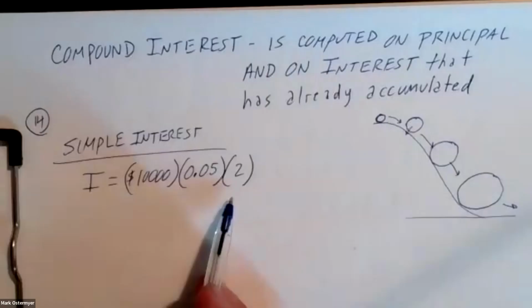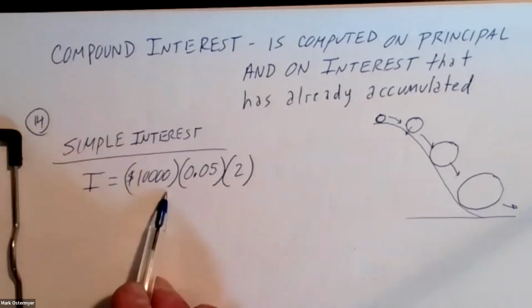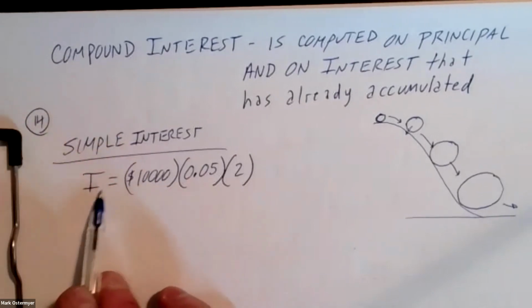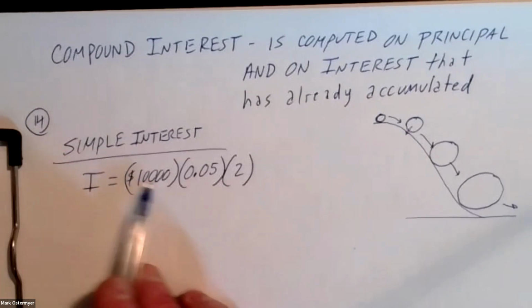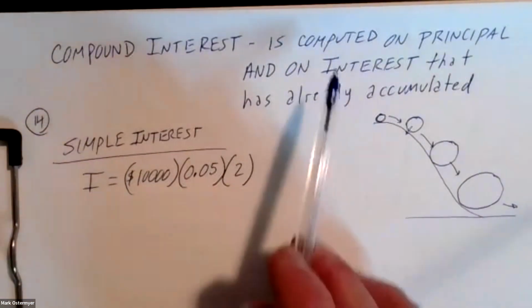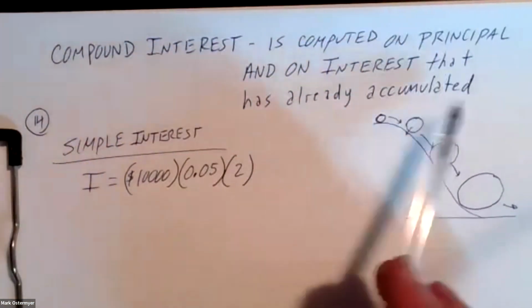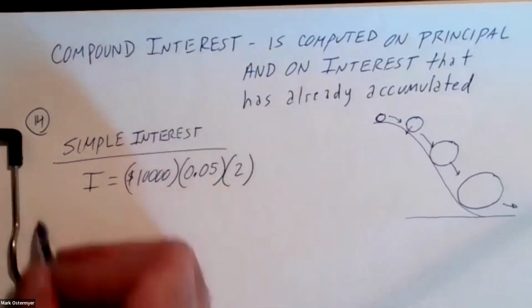Yes, it was. Times 2 years. Do you agree? That would be the amount of interest you earn over 2 years if it was simple interest. But that's not the way compound interest works. You see, simple interest is only computed from the principal alone. But compound interest is a little bit more complicated. It's money or interest computed on principal and interest that's already accumulating from previous time periods, okay?